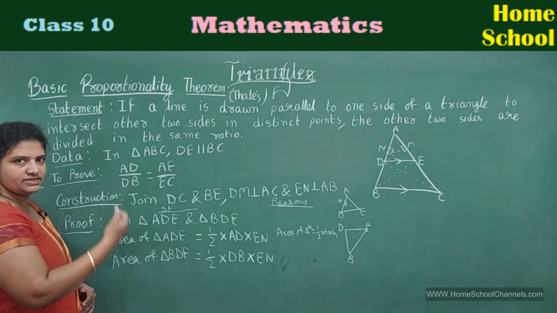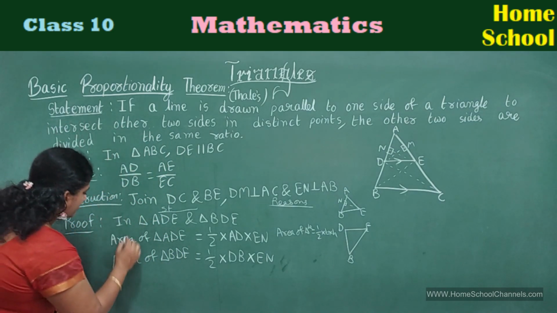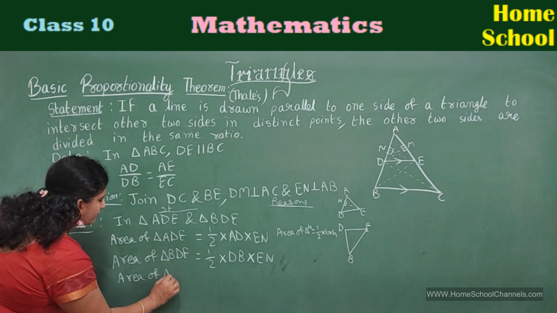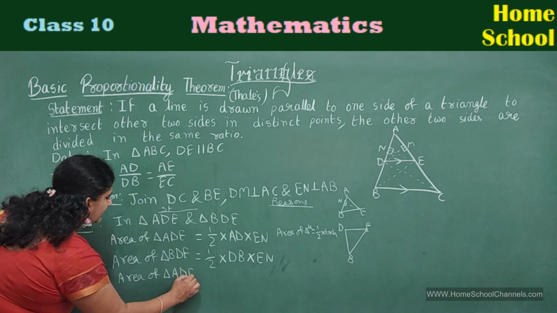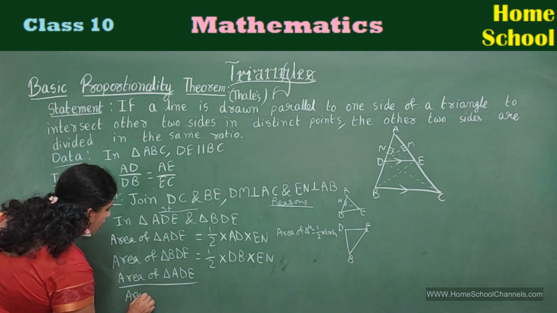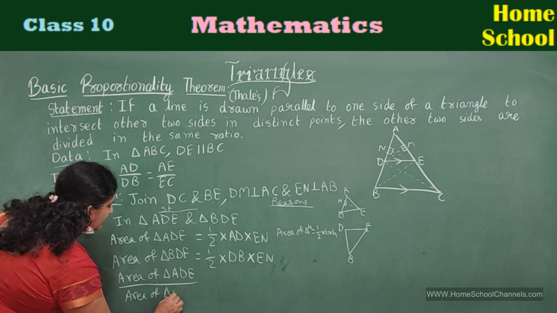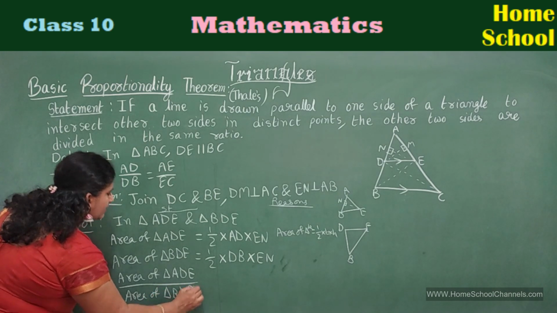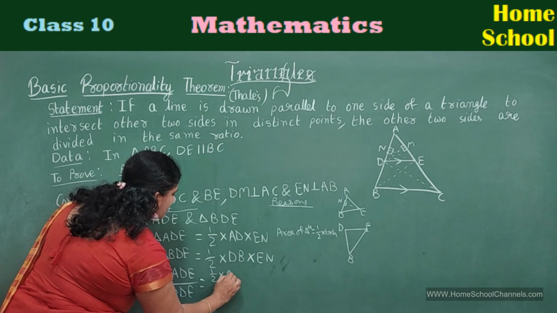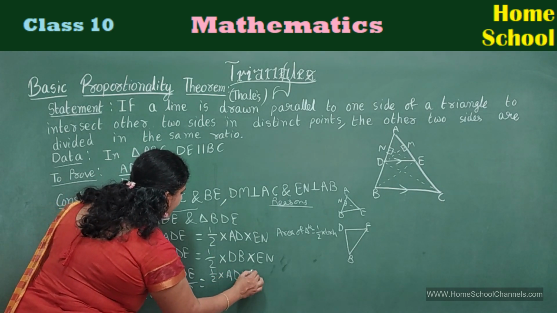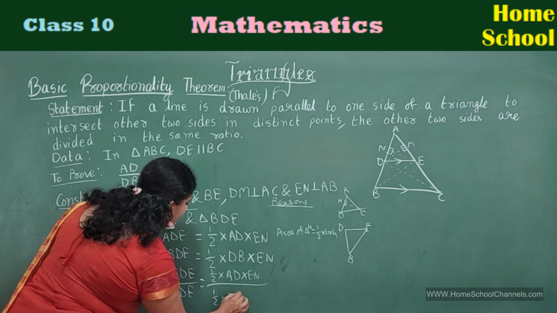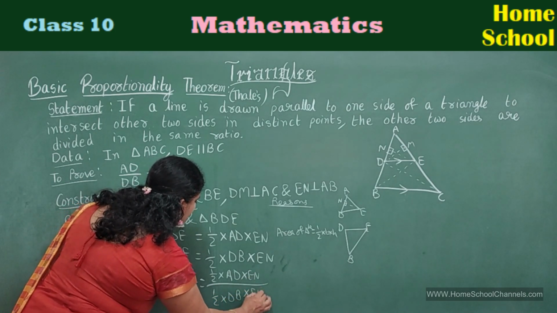Okay, in your third step, divide these two. Area of triangle ADE by area of triangle BDE is equal to half, same lines you repeat here, AD into EN by half into DB into EN.